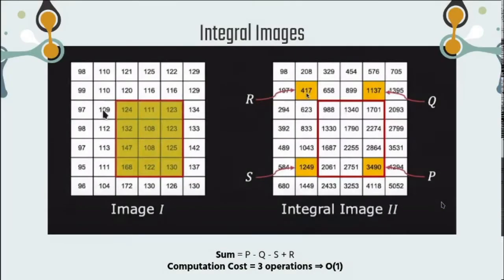If we want to calculate the filter response in this region with all ones, normally it will take order of n square, but with the use of the integral image we can do it in constant time. Just by calculating p, q, r and s, we can perform three operations, p minus q minus s plus r. This will give us the sum of all pixels in this region.